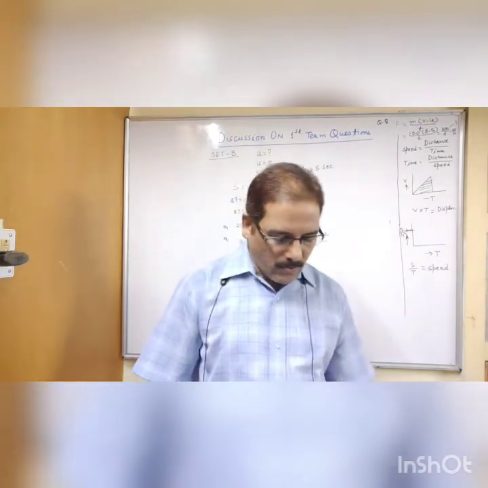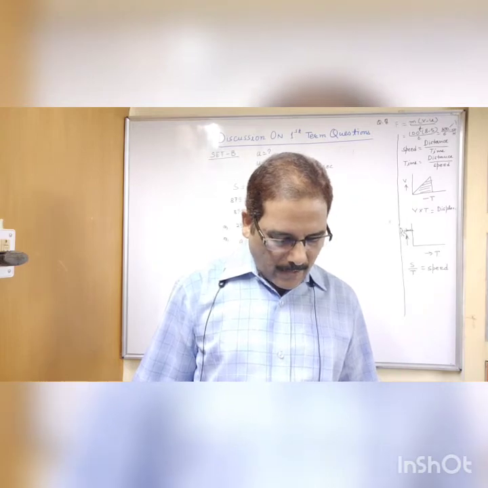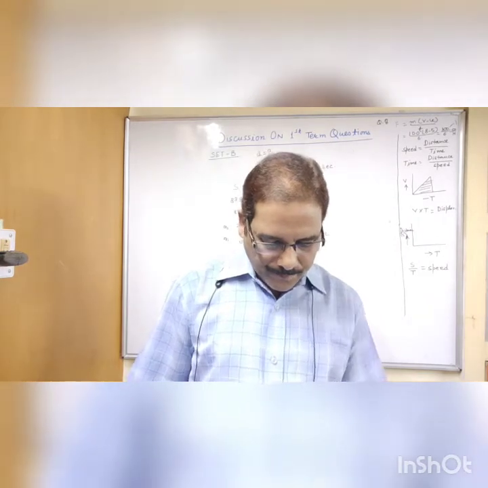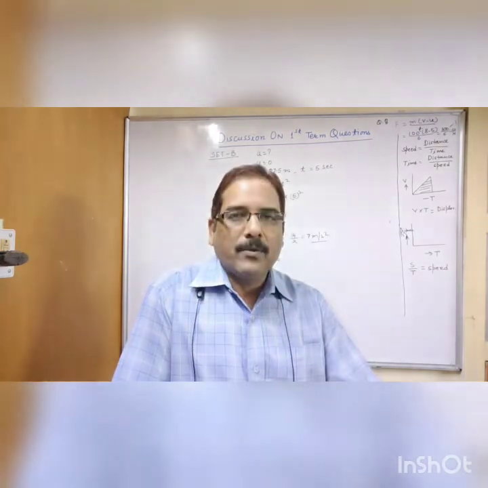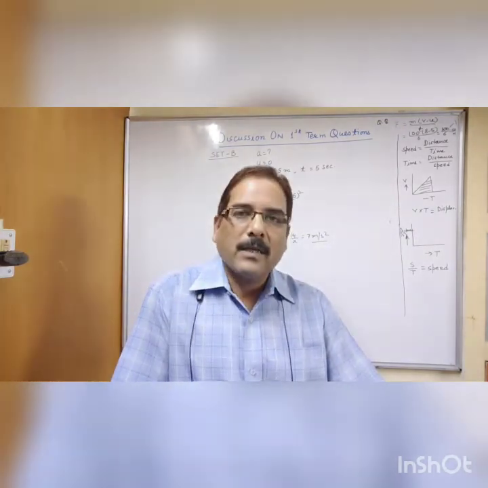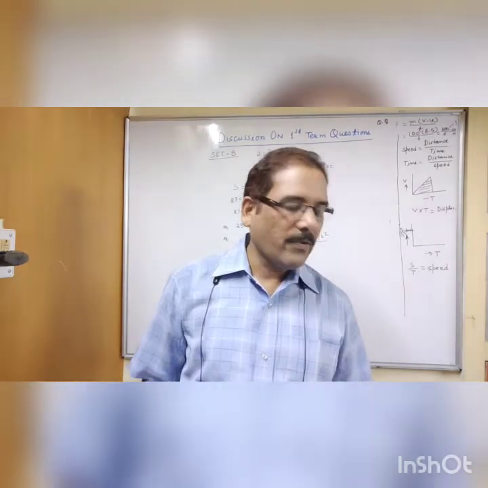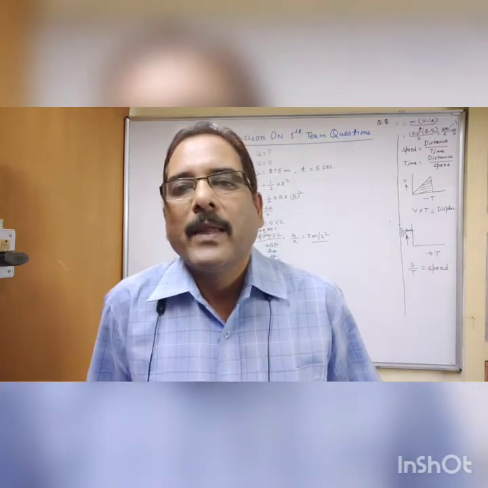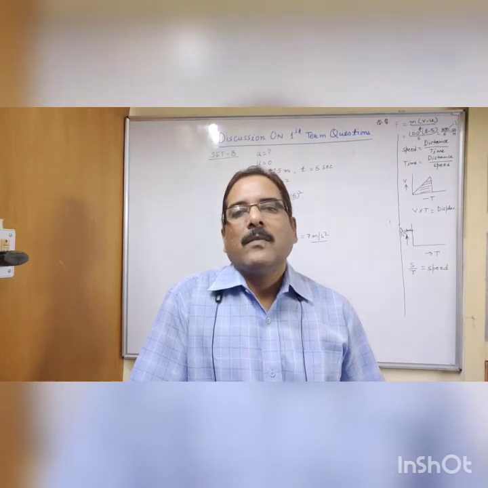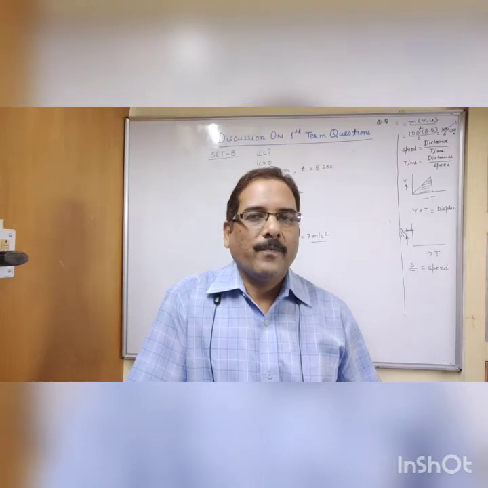Now question number 2. First part is name the type of motion in which a body has a constant speed but not constant velocity. So think over it. When I was teaching the topic uniform circular motion, we discussed that when a body moves in a circular path with constant speed, its motion is called uniform circular motion.